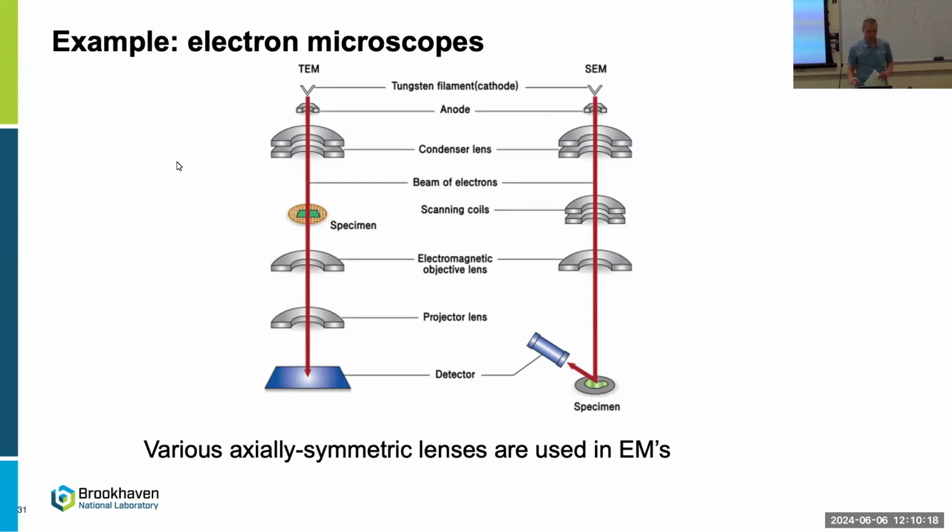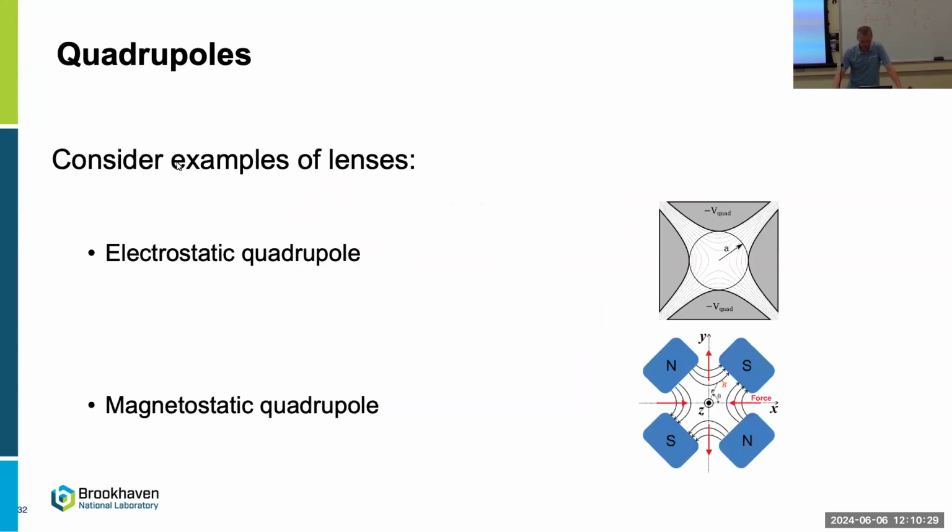I'm not going to talk about this because they are low energy, non-interesting stuff. This technology has been in existence for 50 years already. What I can give you before we finish today is an example of how this works for quadrupoles.